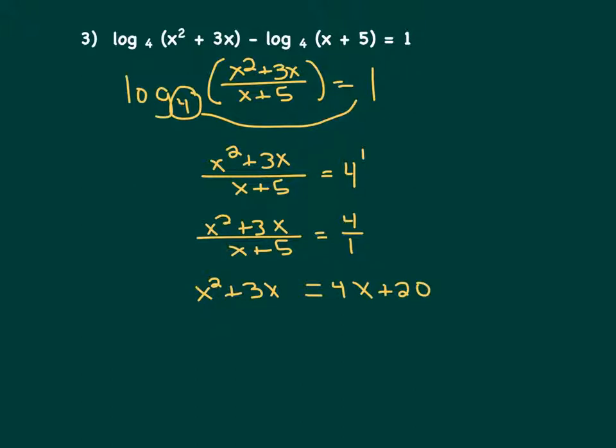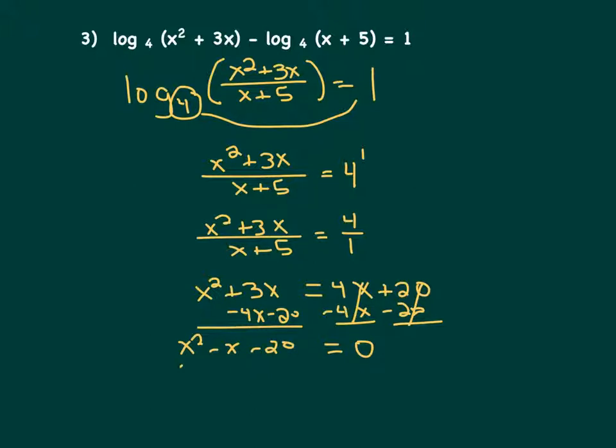All right, again, because we have an x squared in our equation, we're going to get everything to one side of the equation. So let's subtract 4x and subtract 20. On the right, everything cancels, and on the left, we have x squared. Positive 3x minus 4x is negative x, and then we'll bring down our minus 20.